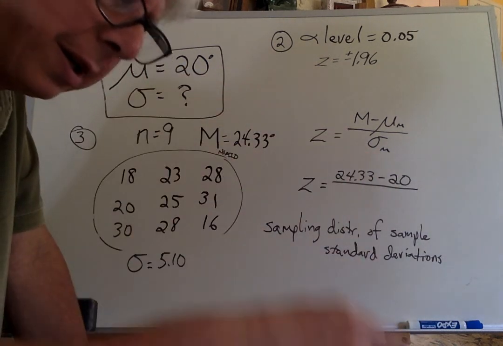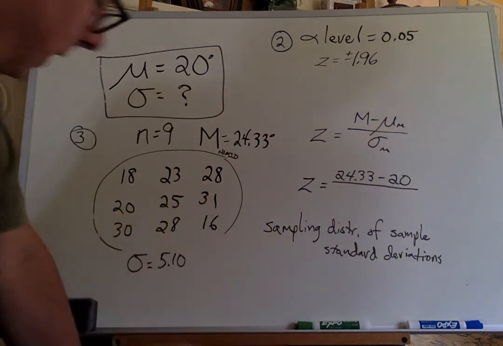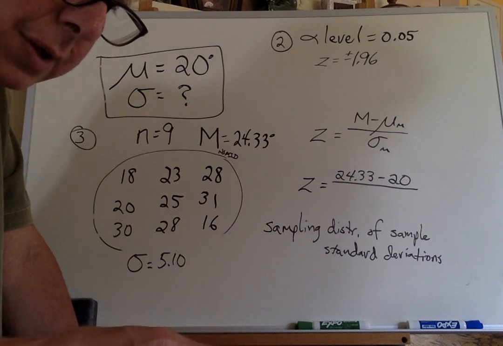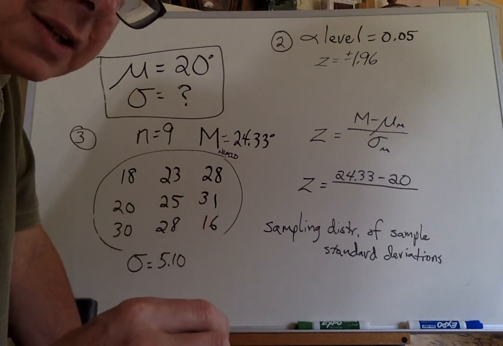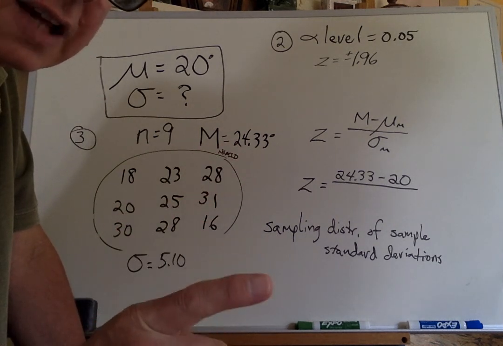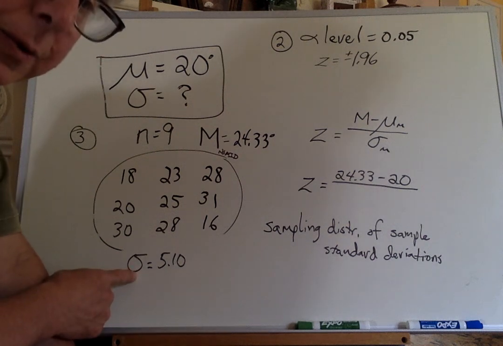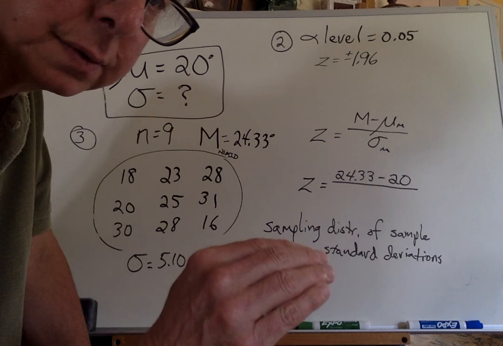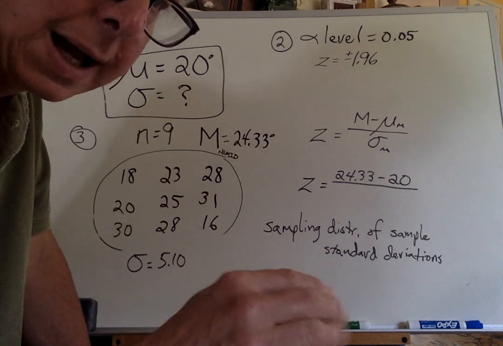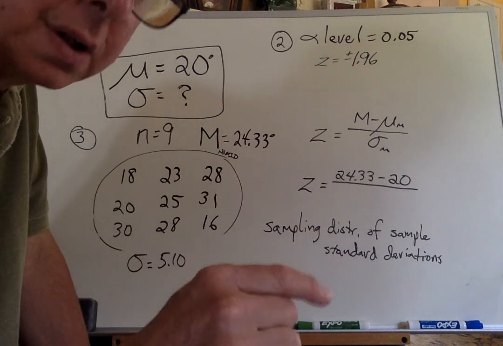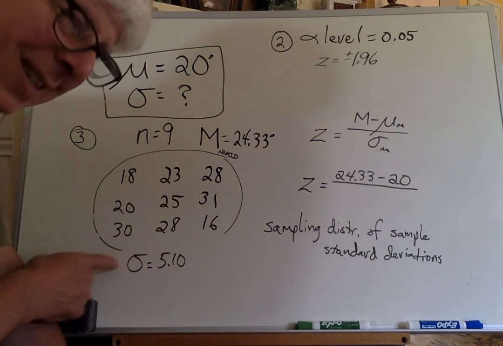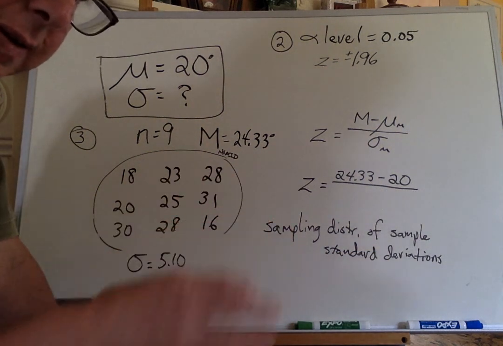I'm going to go in, I'm going to grab a sample, let's say a sample of 9, okay? I'm going to calculate the standard deviation of that sample, just like I did here. And I'm going to plot that on a curve. Now instead of means, I'm going to have standard deviations. I'm going to plot this value on the curve.